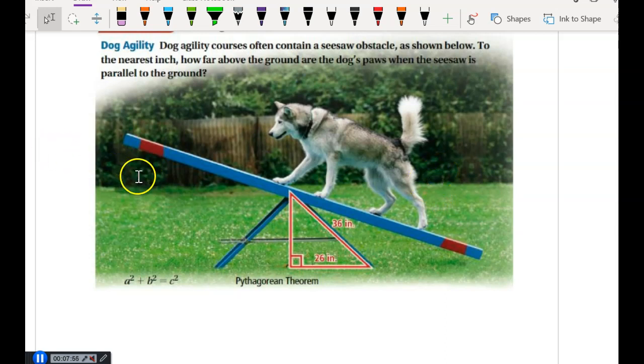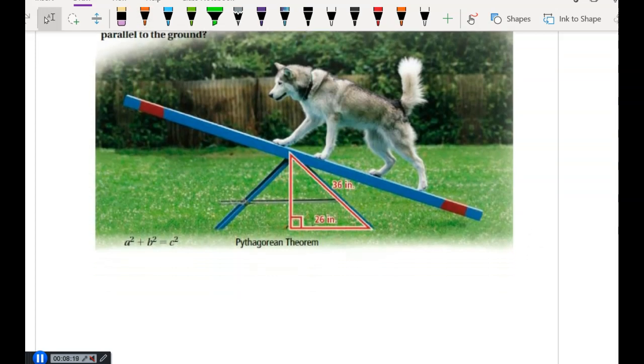Now, what height is it going to be when it's parallel to the ground? Well, it's going to be this distance. So is this a leg or the hypotenuse? It's a leg. I have a right triangle, and I know the Pythagorean theorem, so I'm going to be able to find out the height of that.